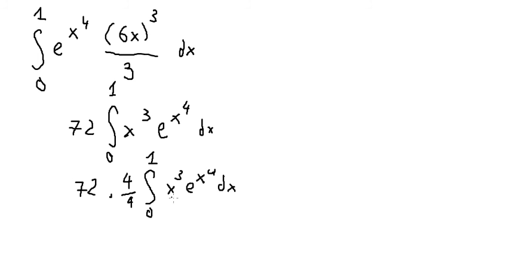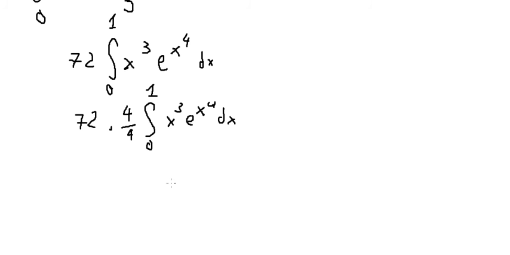So we get 4s to the power of 3, 72 divided by 4, you will get 18, for s to the power of 3, e to the power of s to the power of 4 ds.